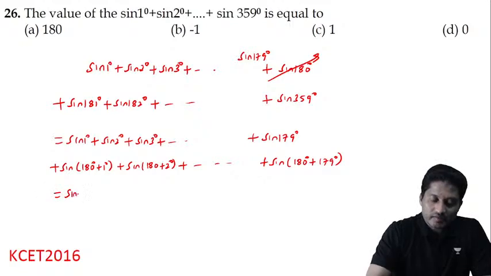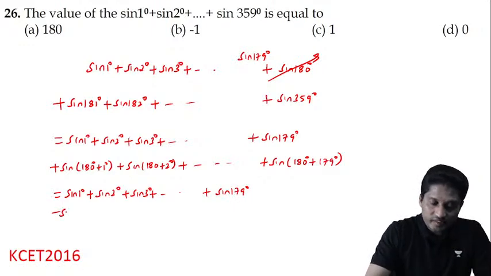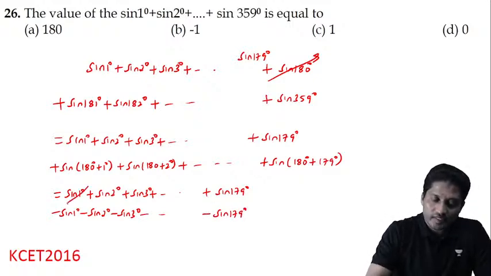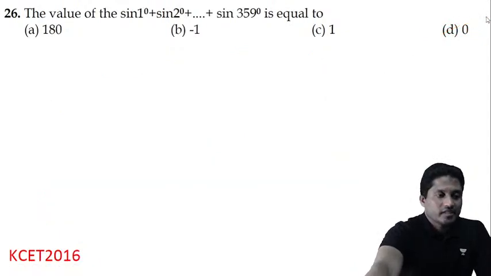This will be sine 1 plus sine 2 plus sine 3 and so on up to sine 179. For 180 plus theta, in the third quadrant sine is negative. So this is minus sine 1, minus sine 2, minus sine 3, and so on up to minus sine 179. Right, all this will cancel. Get the answer as 0. Answer D. Let's move to the next question.